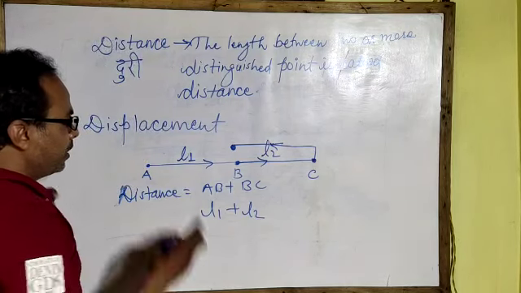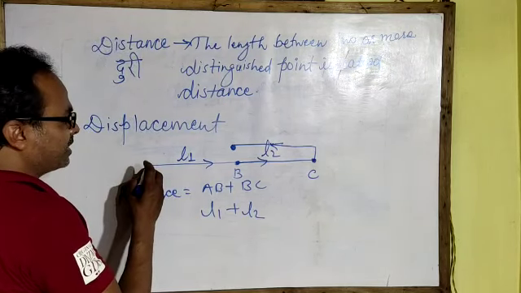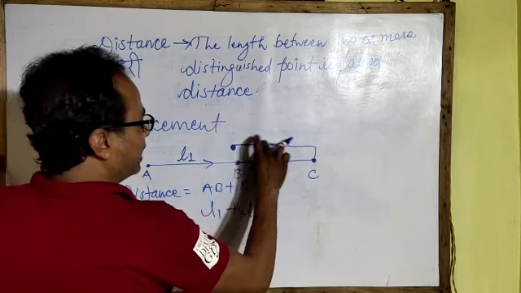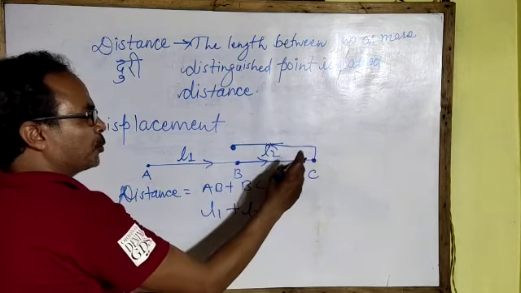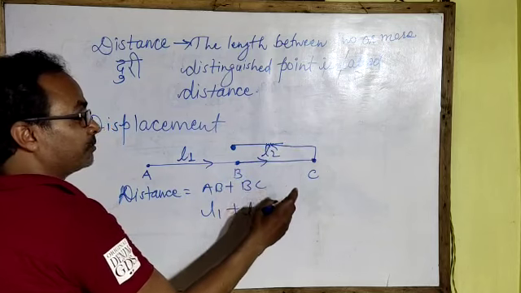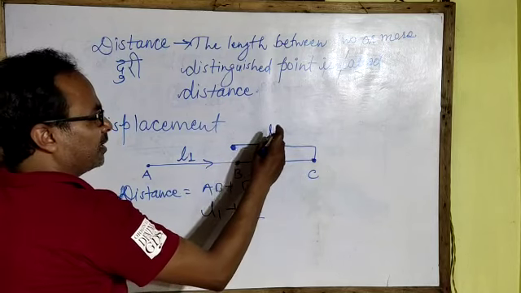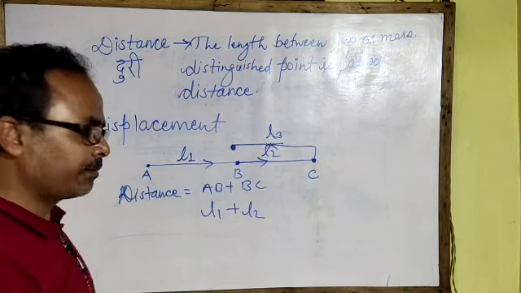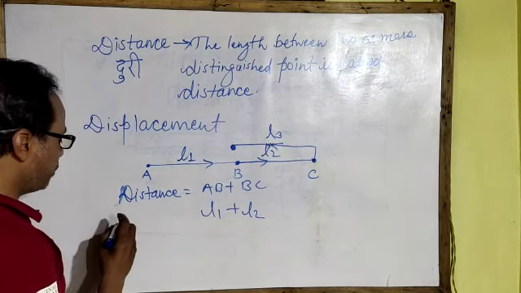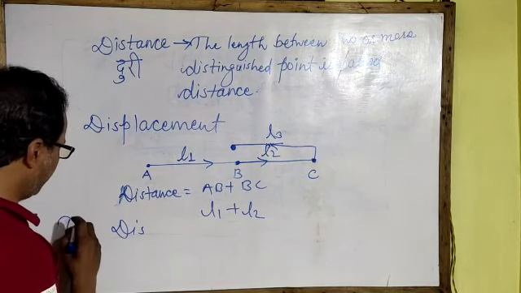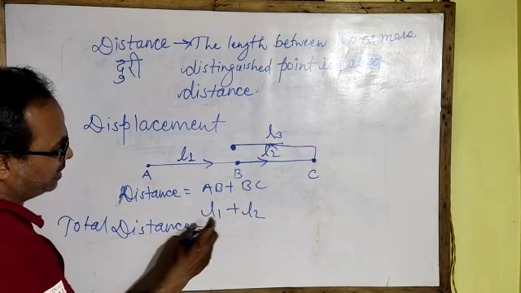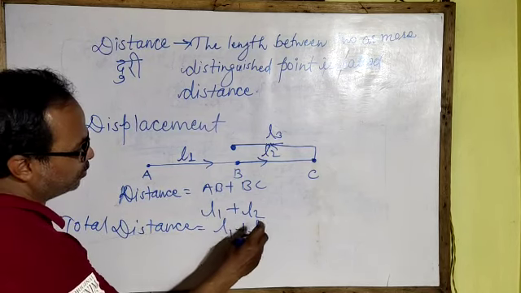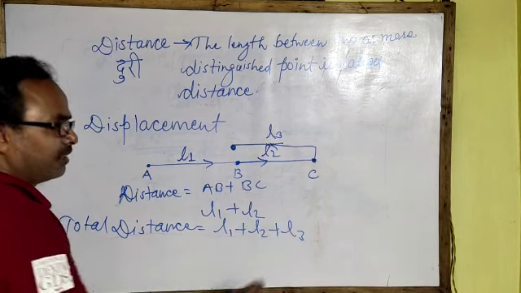Suppose the distance he covered from C back to B is L3. So the total distance will become L1 plus L2 plus L3.